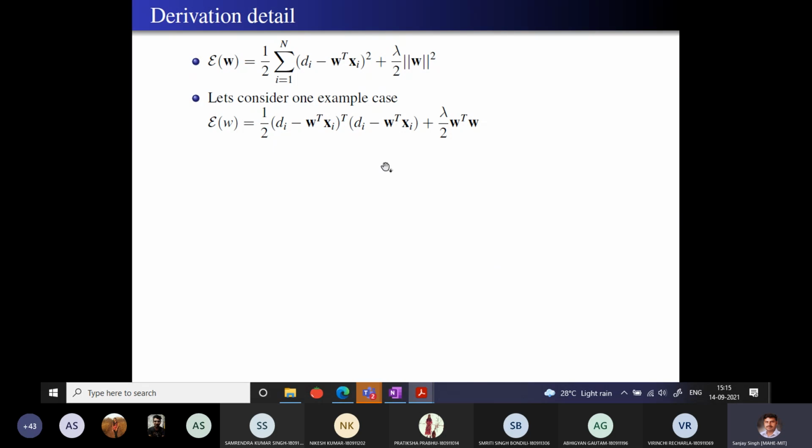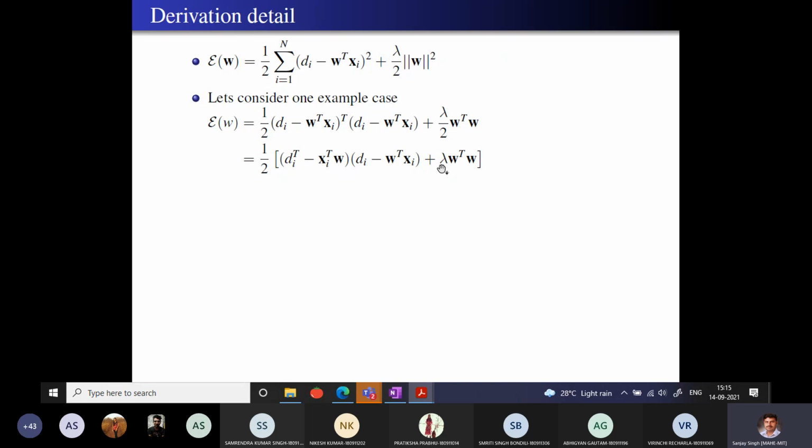Before we find a derivative, we'll try to simplify this function as much as possible. We'll take the transpose inside, giving d_i transpose, x_i^T w, and when you take the transpose inside, it flips the position. This is a simple thing we know, and I discussed it in the linear algebra review class.